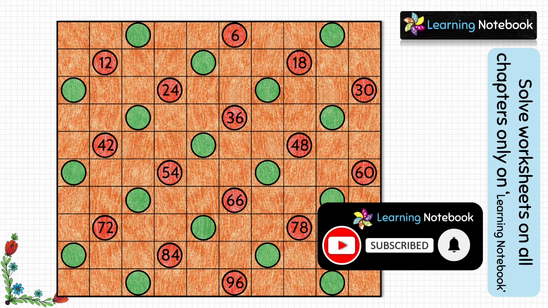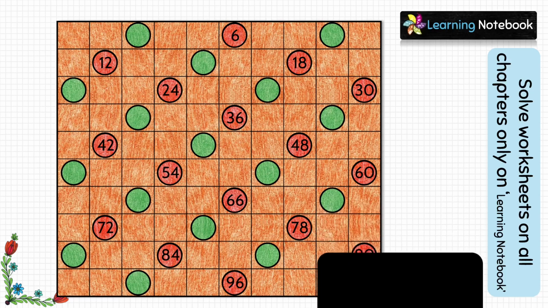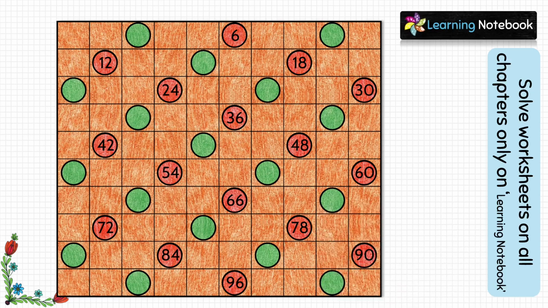Students, you will notice that the orange sheet has covered the multiples which are not the multiples of both 2 and 3. So in this way, we are left with only multiples of 6, which are 6, 12, 18, 24, 30 and so on till 96.